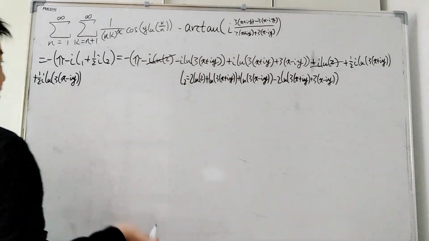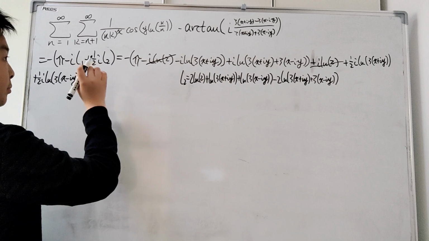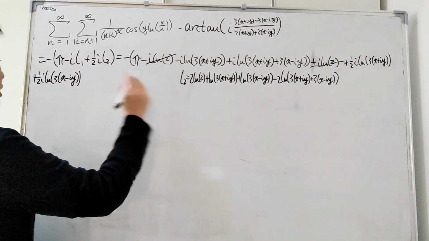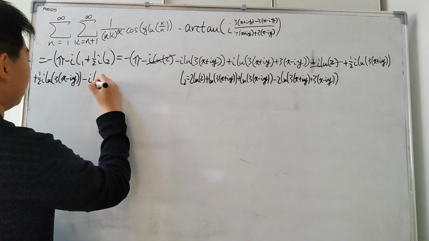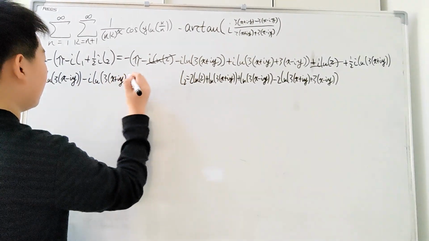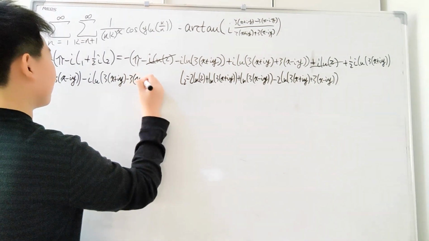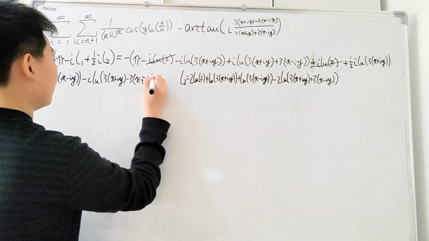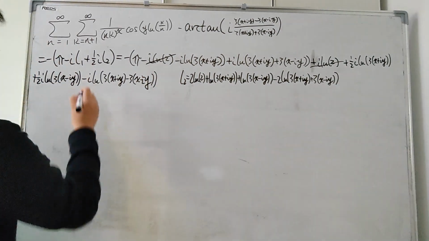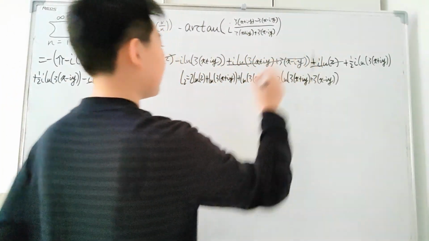And lastly, it's going to be minus i natural log of zeta of x plus iy minus zeta of x minus iy here. All right, that entire thing is written out.